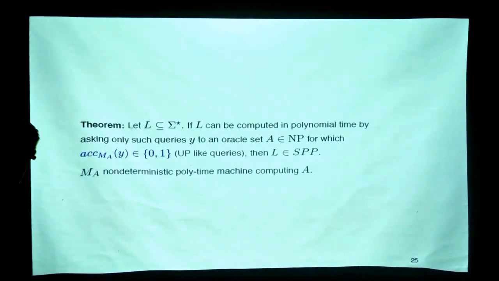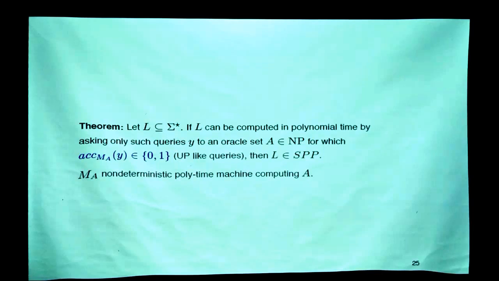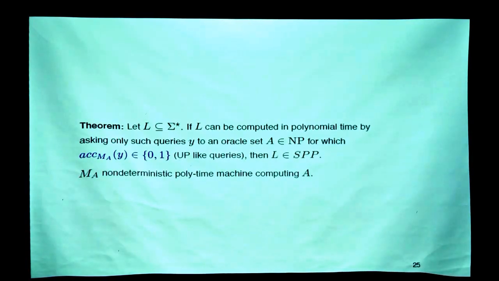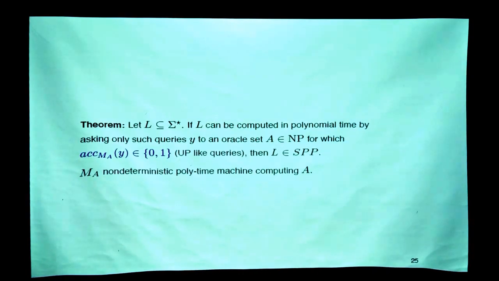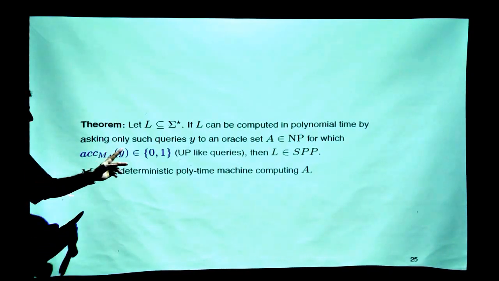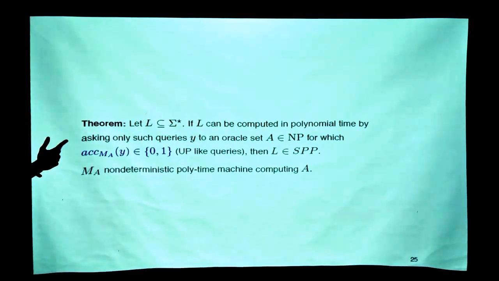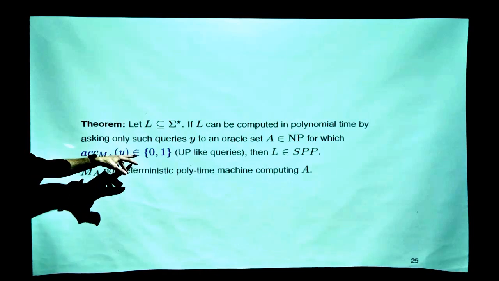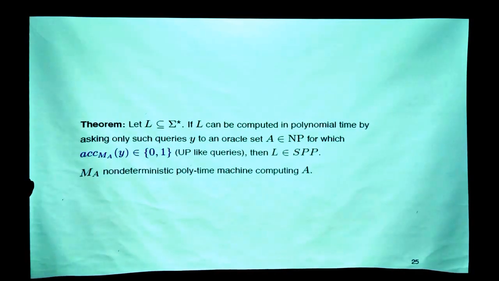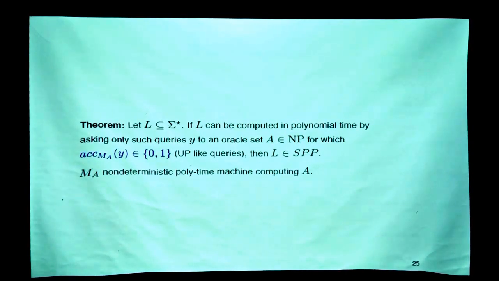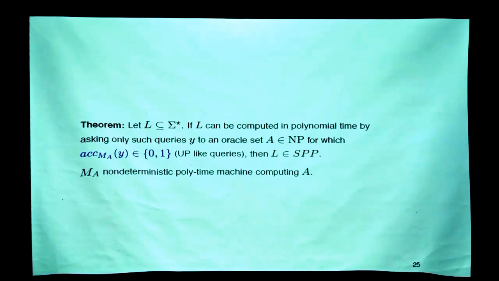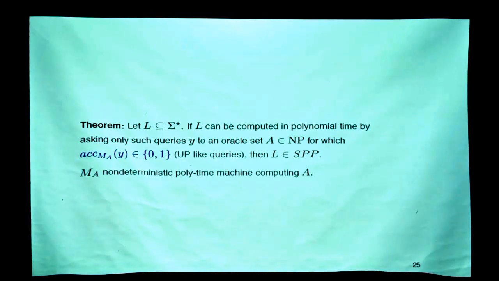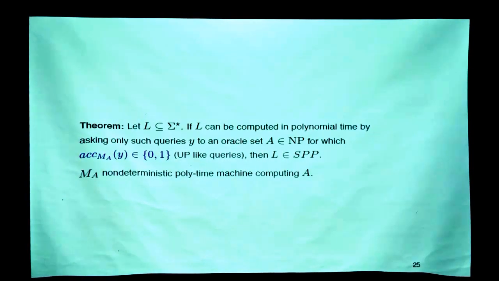UP sets are actually hard to find, so it's also hard to organize an algorithm querying this kind of set. But you can make an algorithm that queries an NP set, where you can make sure that for the queries you make, the number of accepting paths is 0 or 1. If you have that, then by some calculations you can show the problem is in this class.